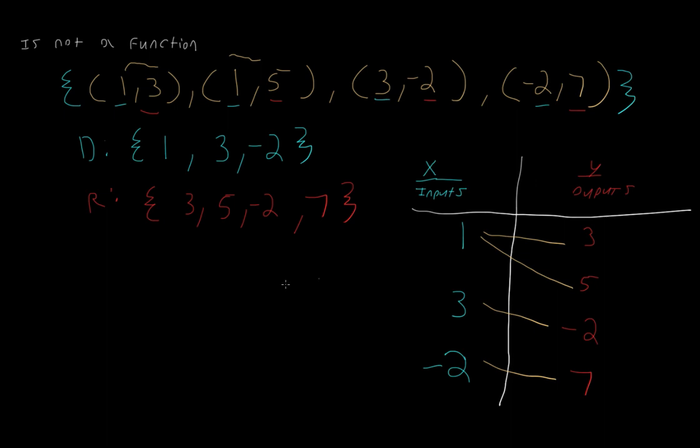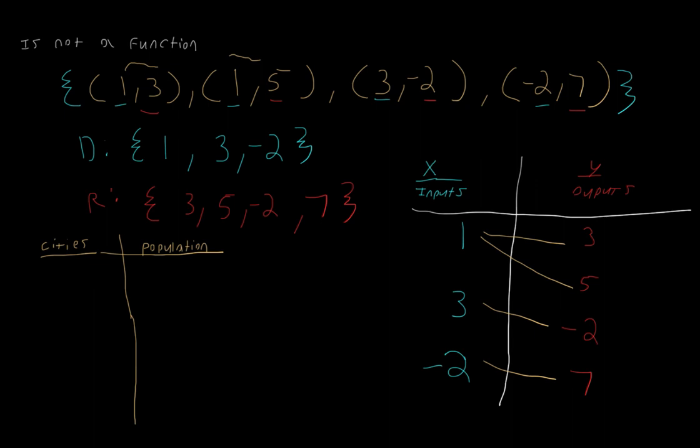I'm going to show you a better example over here on the side. It has to do with the vertical line test too, but I'll show you that in another video. But for now, let me show you an example. I'm going to put right here cities, and population.